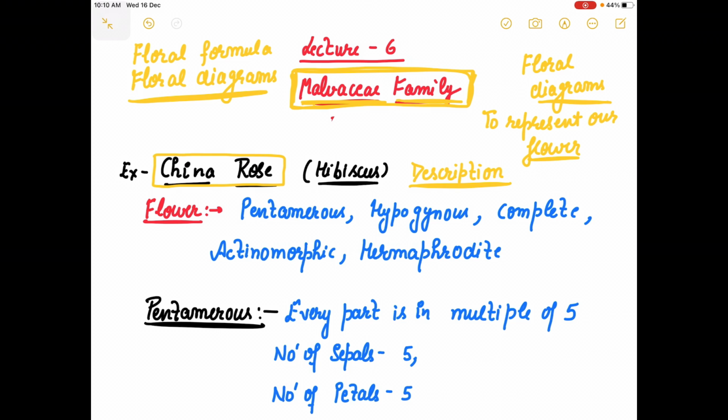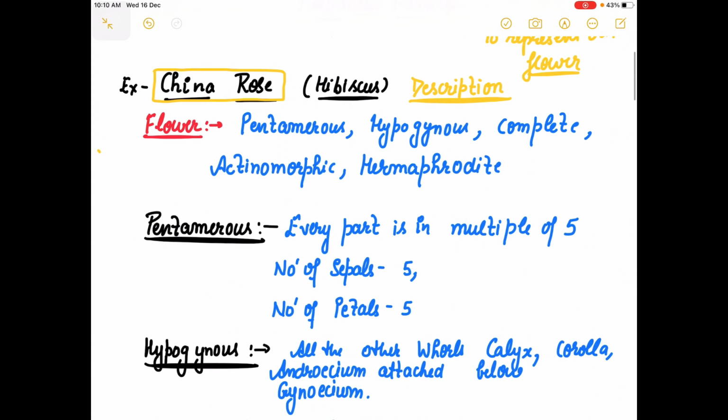I'm starting with the main thing, that is the flower, but we can add about the habit, which kind of place they are found, that is they are herbs, shrubs, small trees. So that kind of description you can add. But here my major concentration is to tell you how you are going to write the description about a flower.